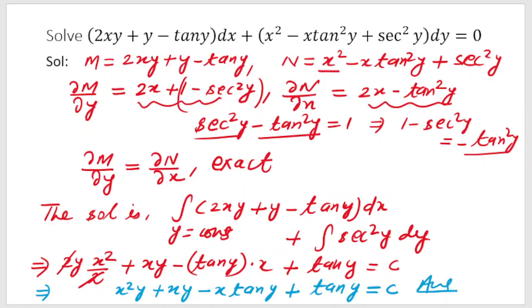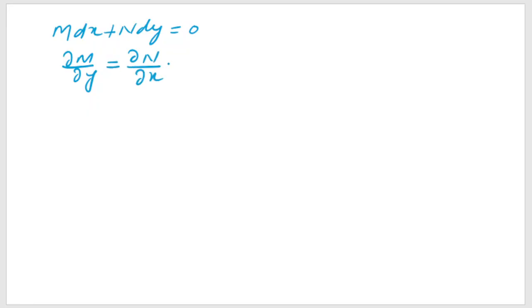Before I end the video, let me quickly summarize the things. The process is very simple: whenever we have something like M dx plus N dy is equal to 0, what we do? We differentiate M partially with respect to y, we differentiate N partially with respect to x, and we equate. If they are equal, it is exact, and once we have got that it is exact, we know how to write the solution.